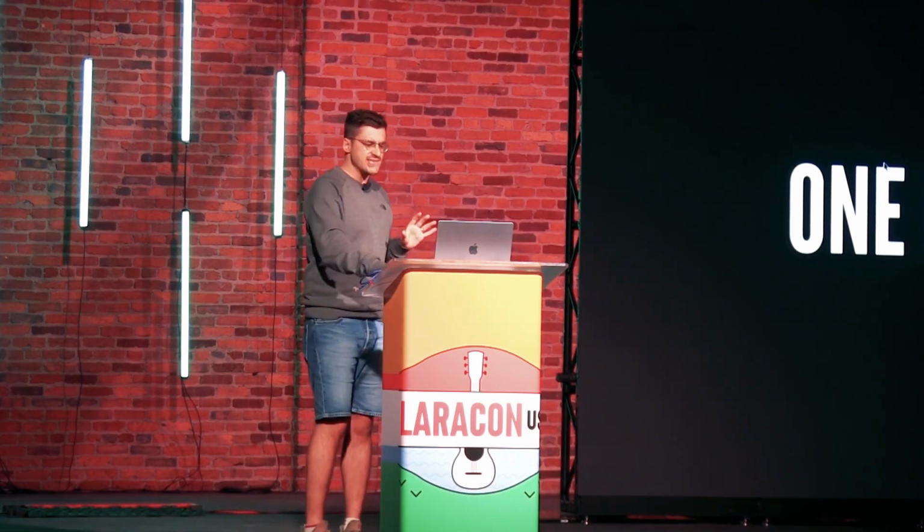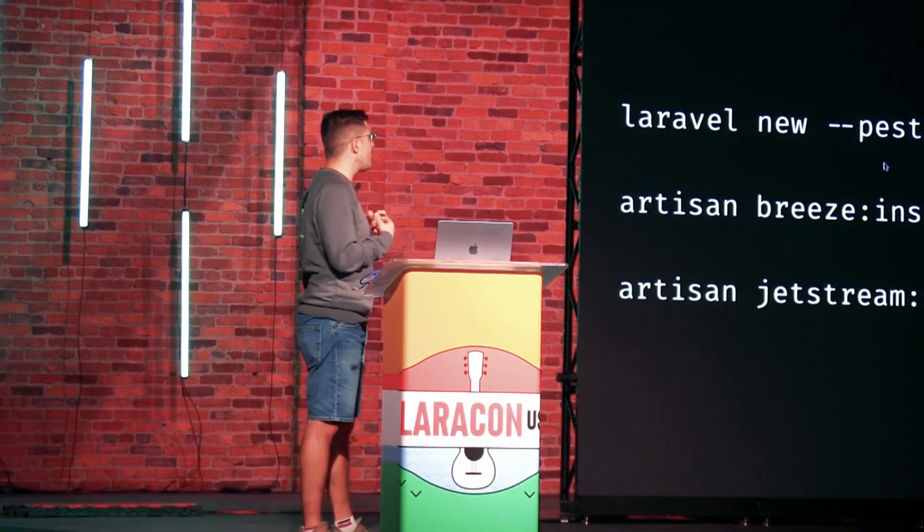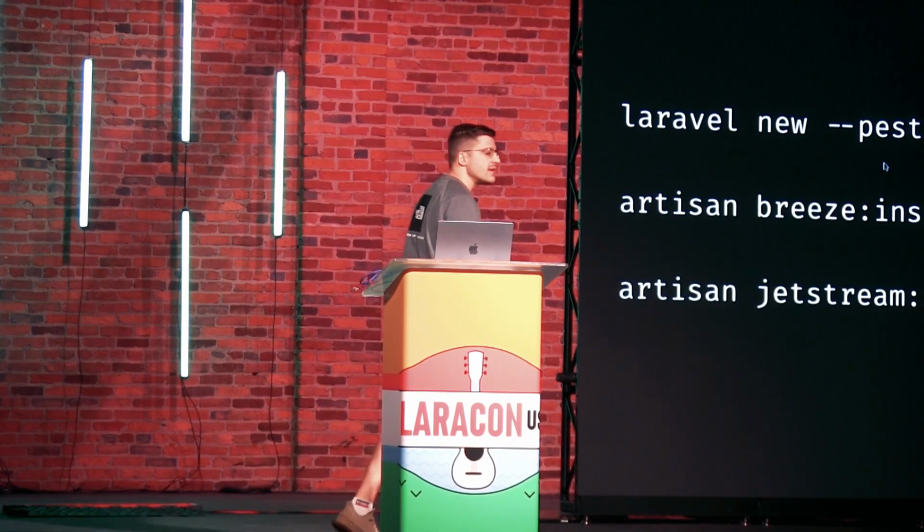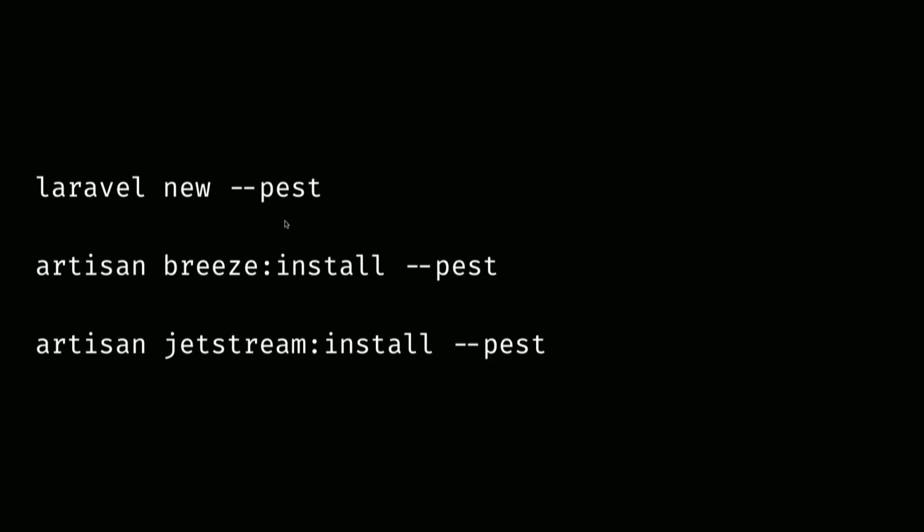Just by having Pest itself, and also with the help of Laravel, we have already convinced 50% of the Laravel developers that Pest should be their default testing framework. So I've put a lot of work into Pest, and obviously I think it's a great product. But with the help of Laravel on the skeleton, but also starter kits, we already get this great adoption.